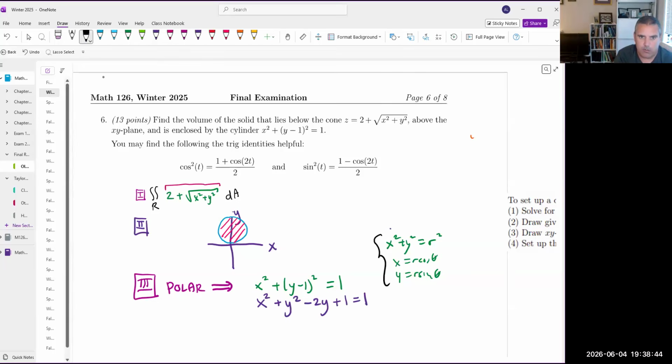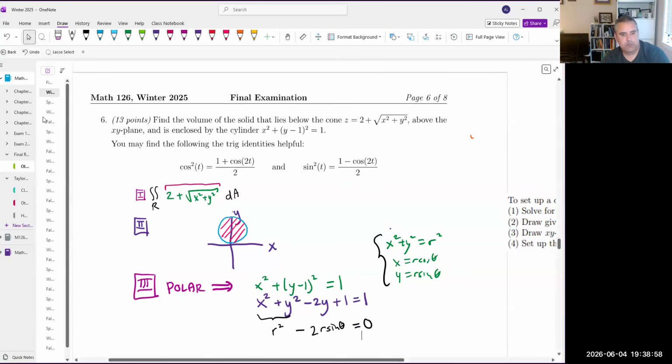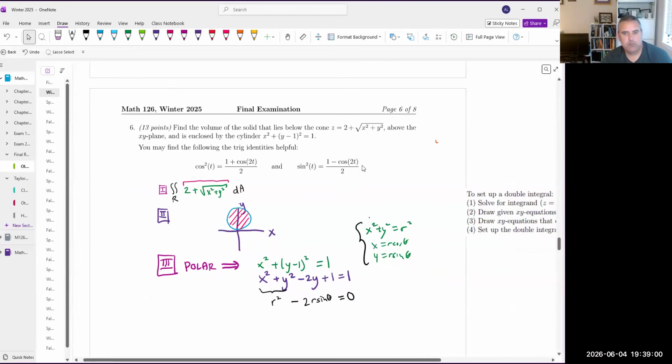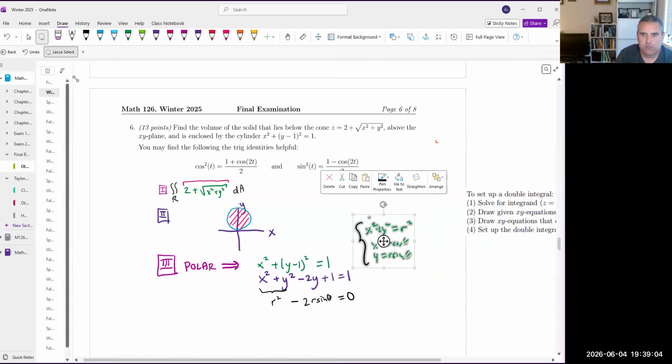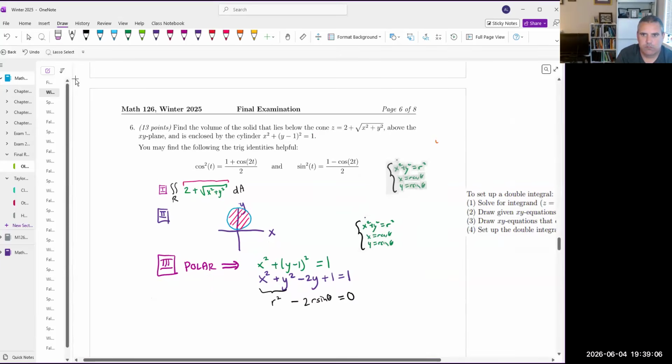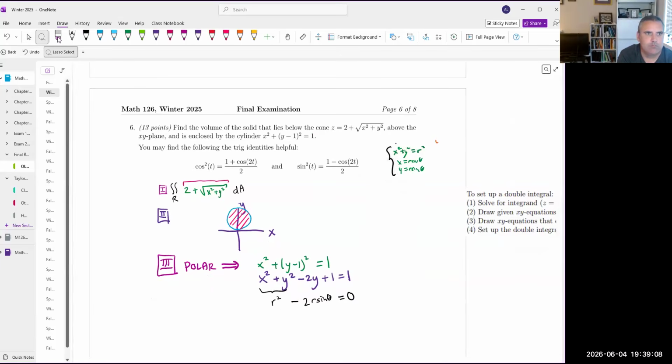But the boundary here is what I'm working with now. So this is going to be r squared, and this is going to be 2r sine of theta equals 0. You get there, you're doing good.